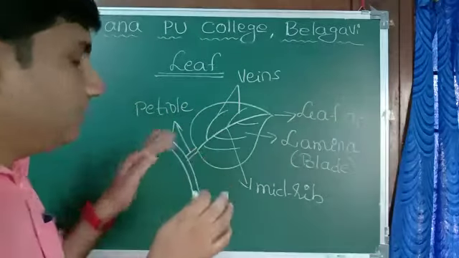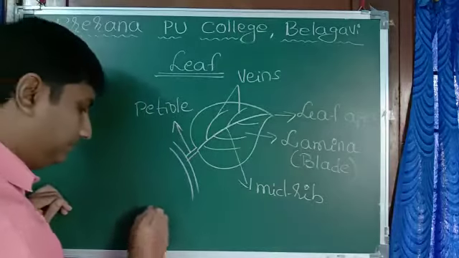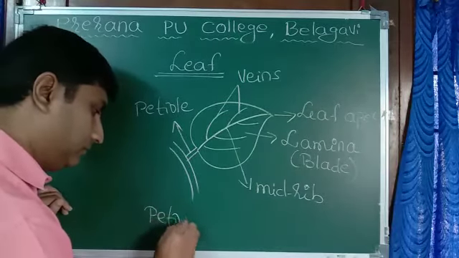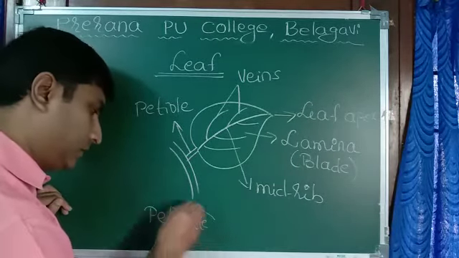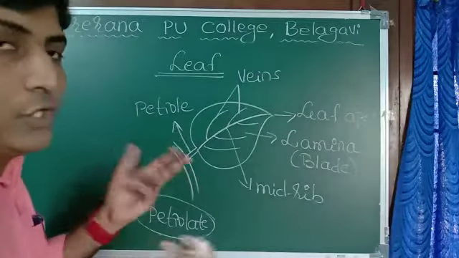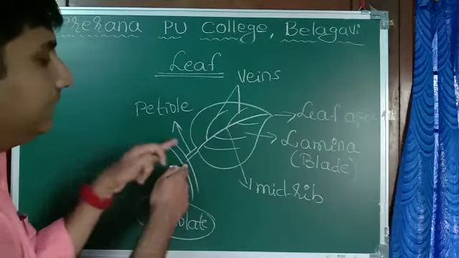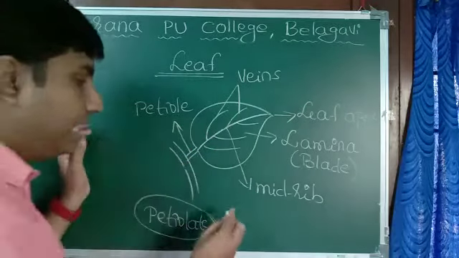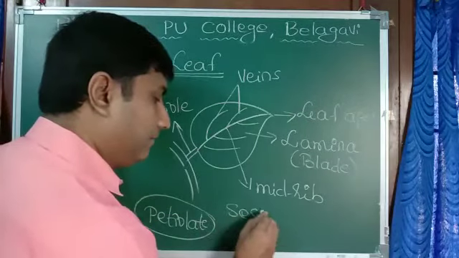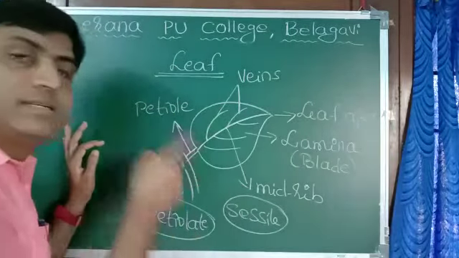If the leaf is with petiole, we call such a leaf petiolate. Sometimes this petiole will not be there. The leaf lamina directly attaches to the stem, and at that time we call such leaves sessile.